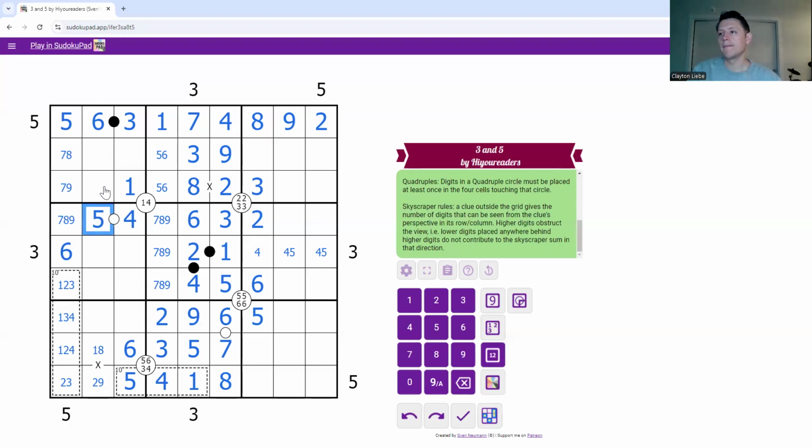I'm just not quite sure yet, but let's think a little bit more. We need a 4 somewhere in this. I'm going to look at this first box for a minute. We need a 2 somewhere, and the 2's not down here. So the 2's in one of two positions.